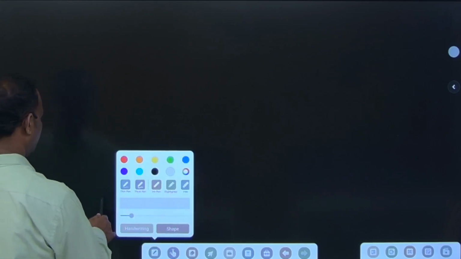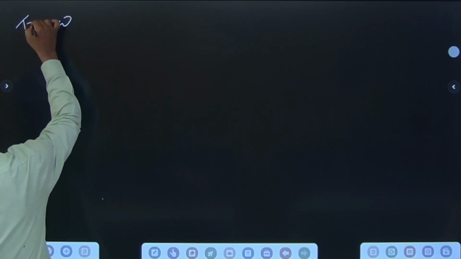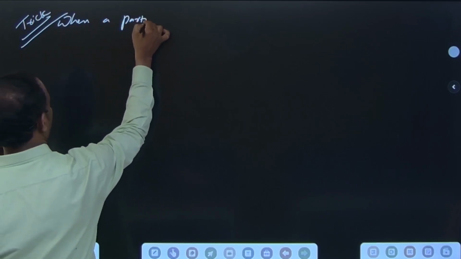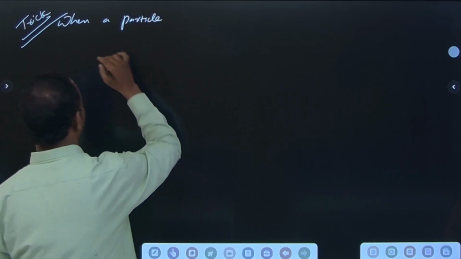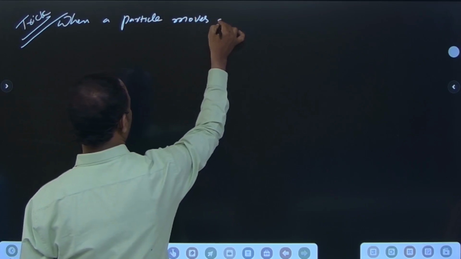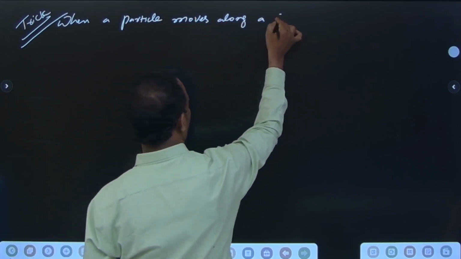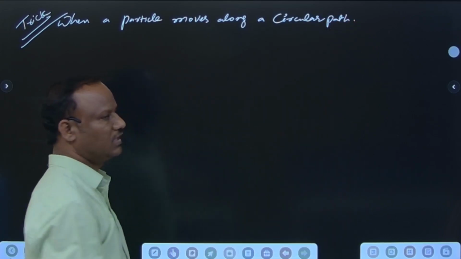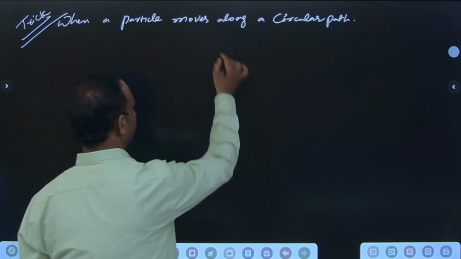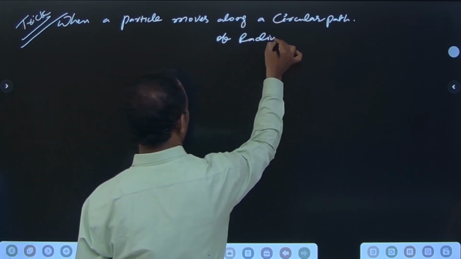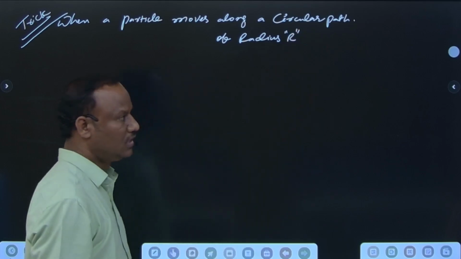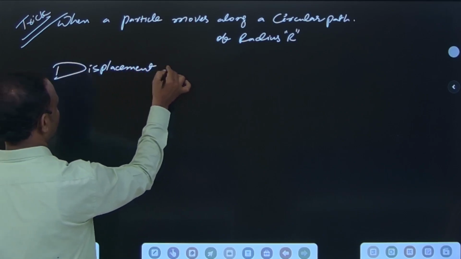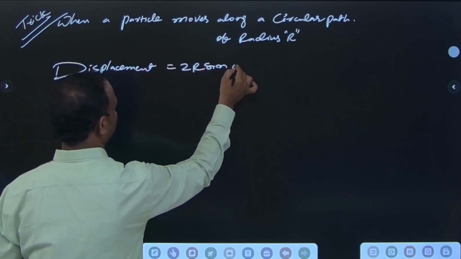The trick is: when a particle moves along a circular path of radius r, what is the displacement? Displacement is equal to 2r sin(θ/2).